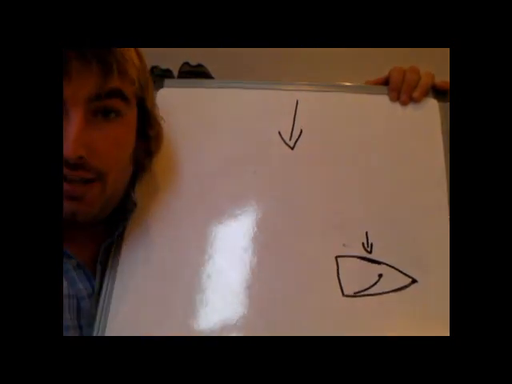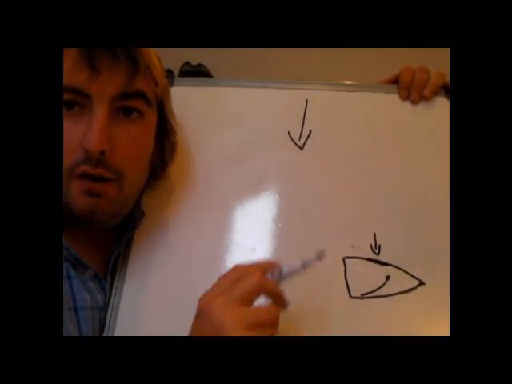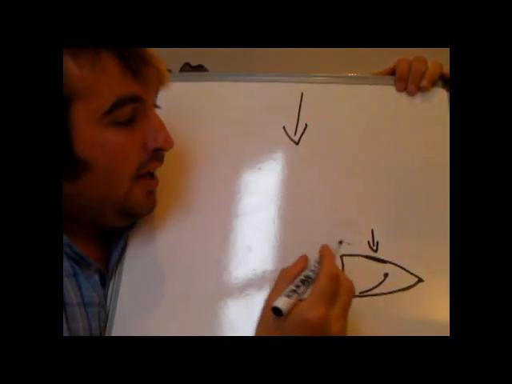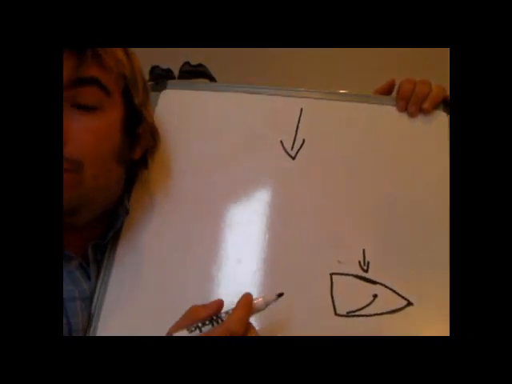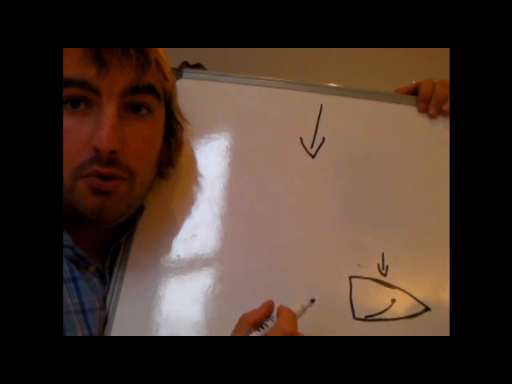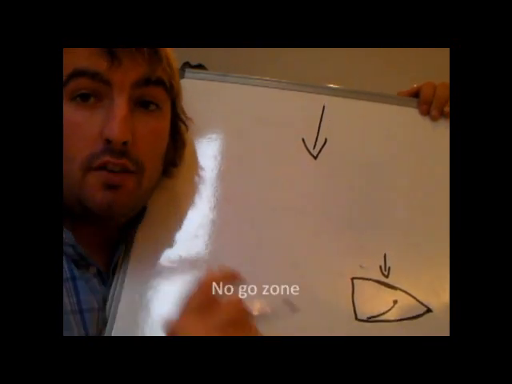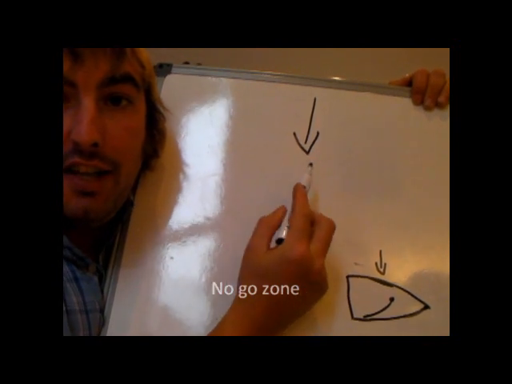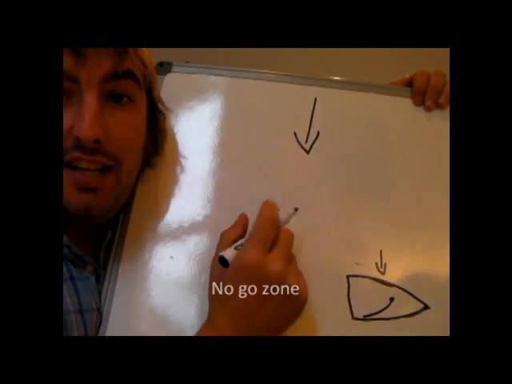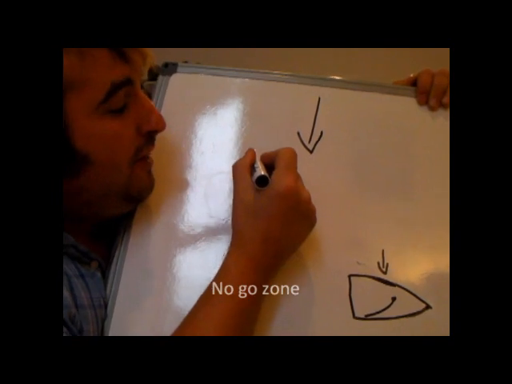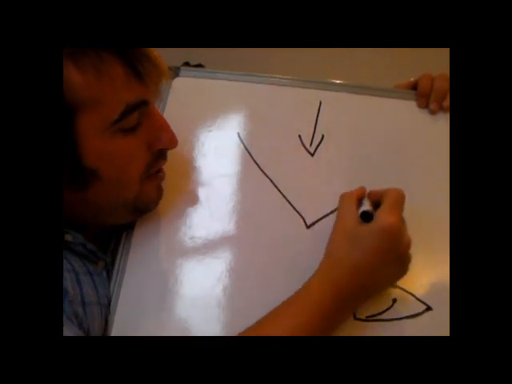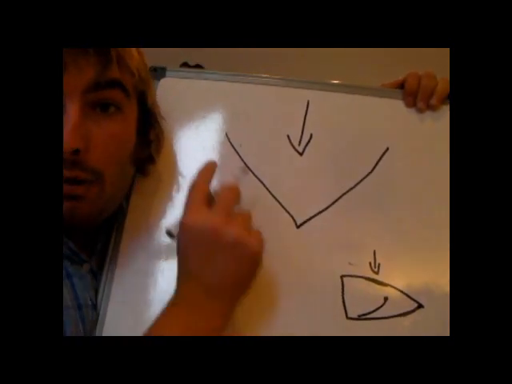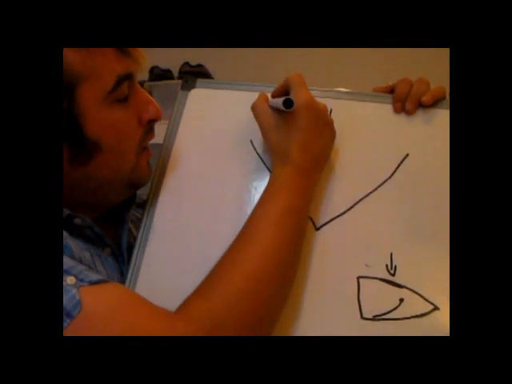Our next point of sail will be a bit closer to the wind. Well, just before I mention that, I'll just tell you where you can't sail your boat. That's in an area called the no-go zone, and roughly 45 degrees either side of the wind you can't sail.